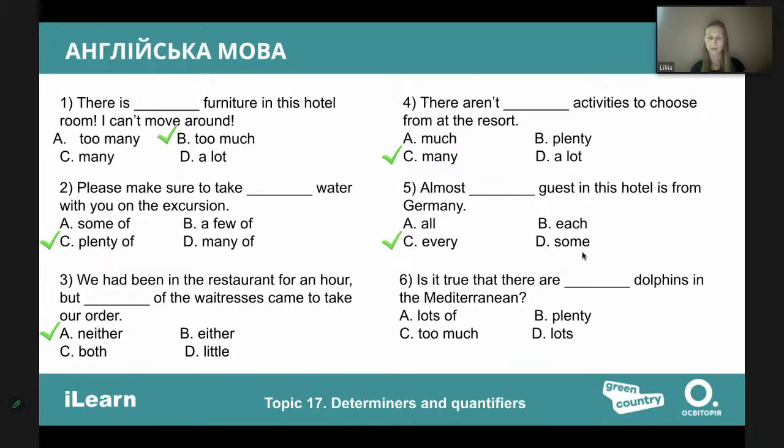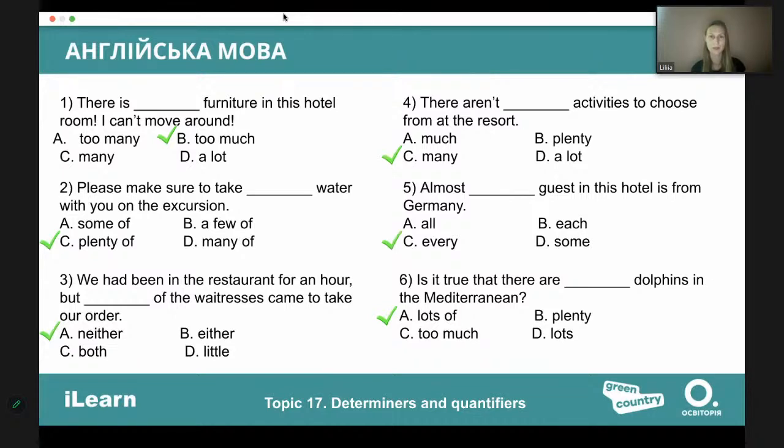Almost every, майже кожен, right. And number 6, is it true that there are lots of dolphins in the Mediterranean? Lots of. Безліч. Yes, completely right.